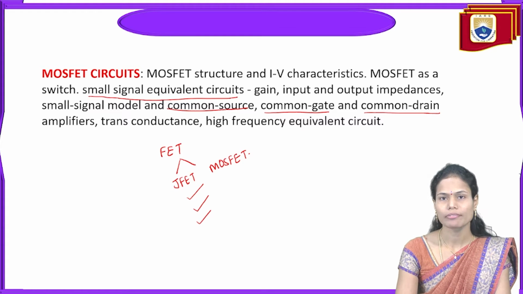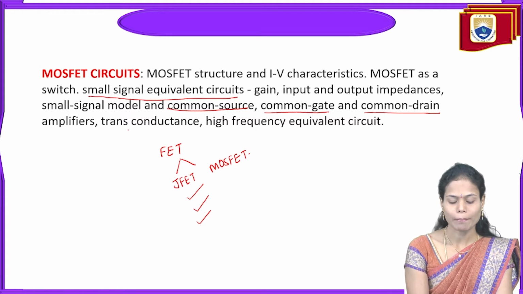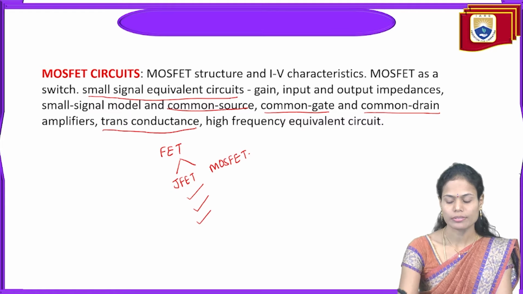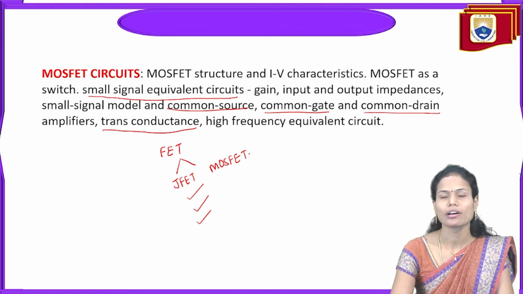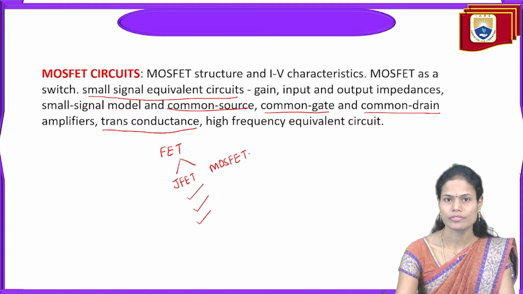And from these amplifiers, we are going to calculate the parameter called transconductance. And along with the small signal equivalent model, we are going to see the high frequency equivalent circuits of both the JFET as well as MOSFET. So overall, we are going to see the in-detail description of both the junction field effect transistor as well as metal oxide semiconductor field effect transistors in this particular session.